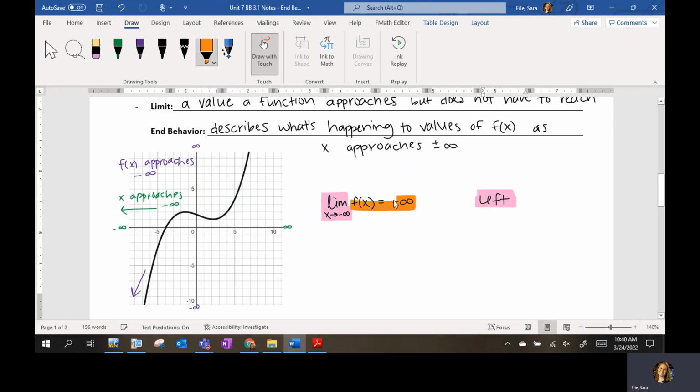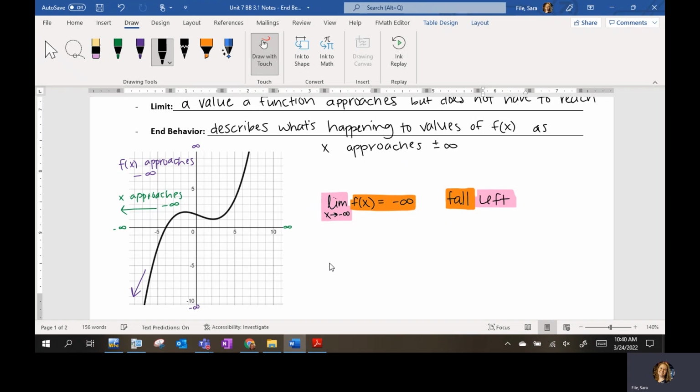F of x is negative infinity. That means down, right? Y is going down, negative infinity. That means going down. Okay, so it's falling. So the graph falls left. The left side's going down.